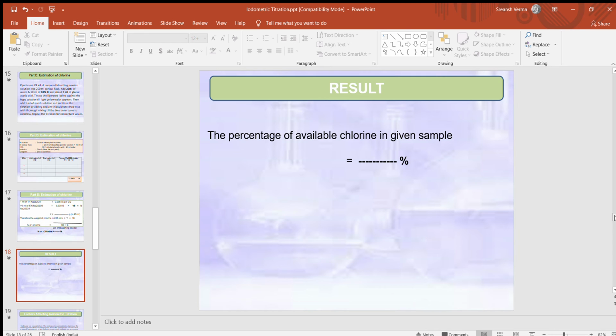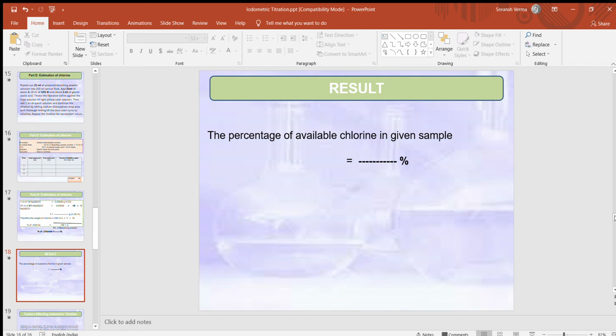But here we are waiting till the solution converts into light color, and at that moment we are adding starch. So the reason behind adding this starch near the end point is twofold. Number one, in the beginning the concentration of iodine is quite high.